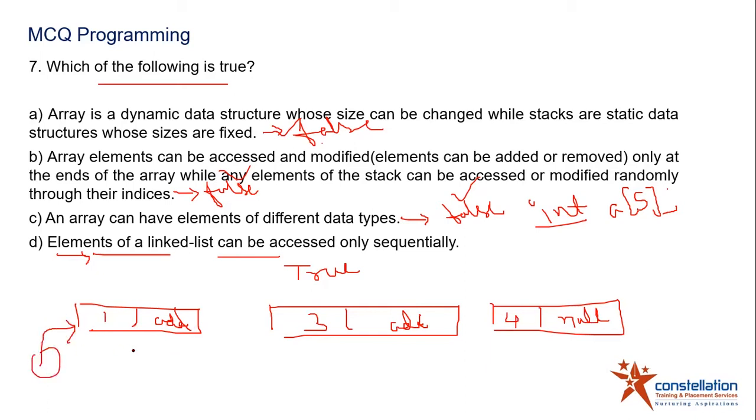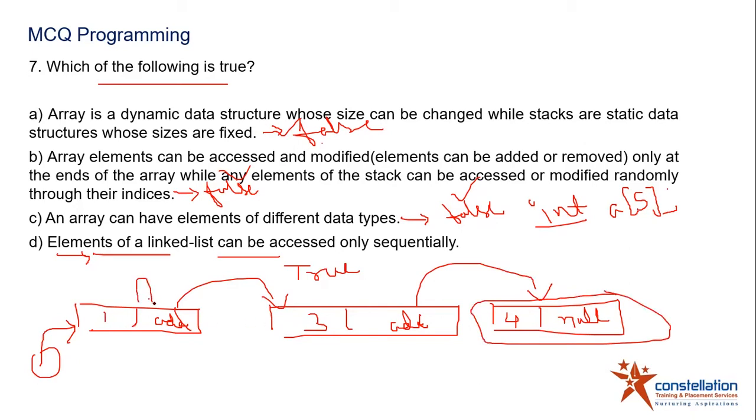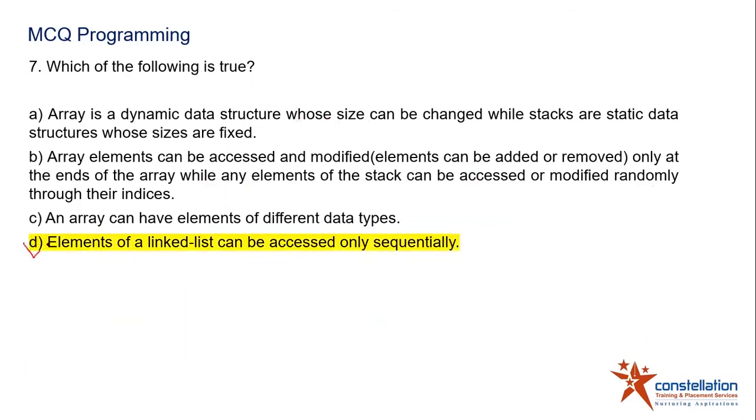Now this only contains the address of this one, and this contains the address of the next one. So even if you want to reach over here, first you have to go here so that it will point to the next one, then you have to go here, then only you will reach over here. So it can be accessed only sequentially. Okay, that was the point. So the correct option is D. Okay, so D is the correct option.